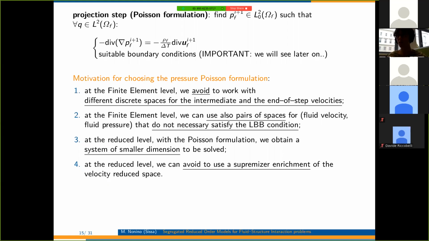As you mentioned, it has a lot of pros: I do not need to use the supremizer enrichment, and I can solve a problem in the online phase just related to the fluid pressure, which leads to a smaller system to be solved.